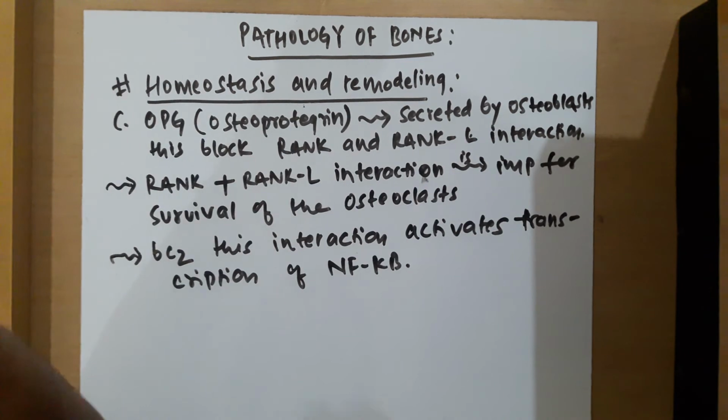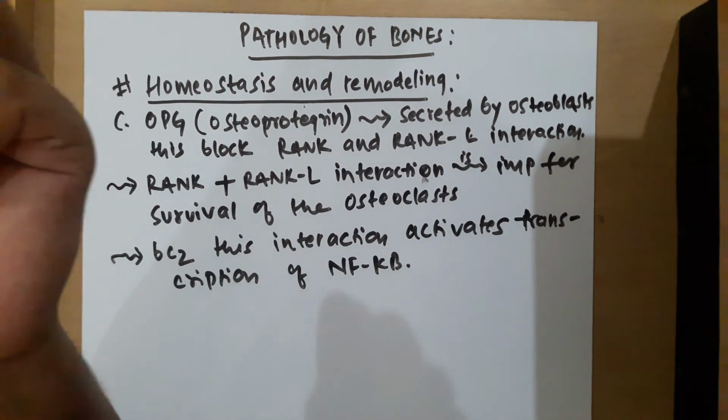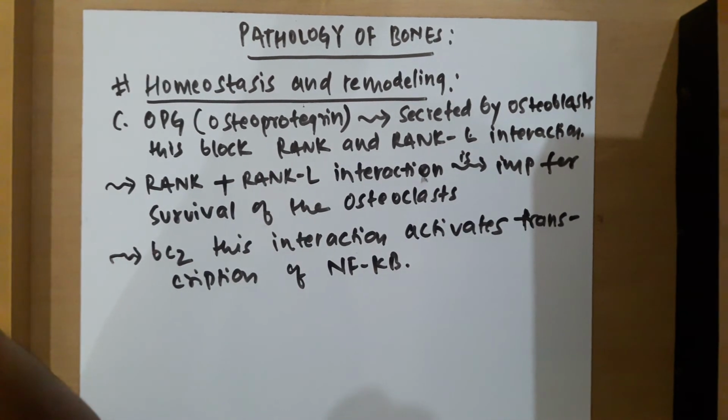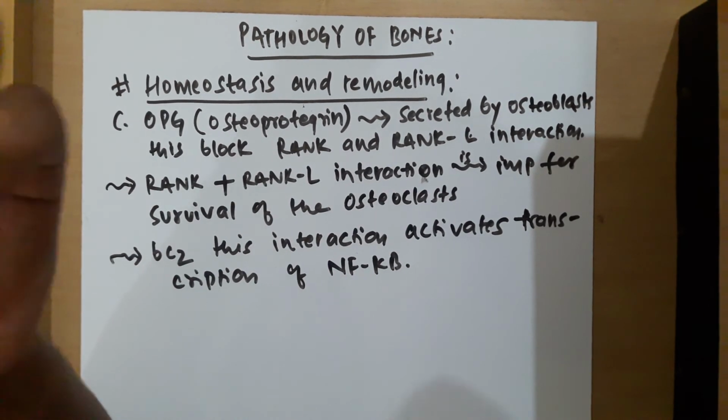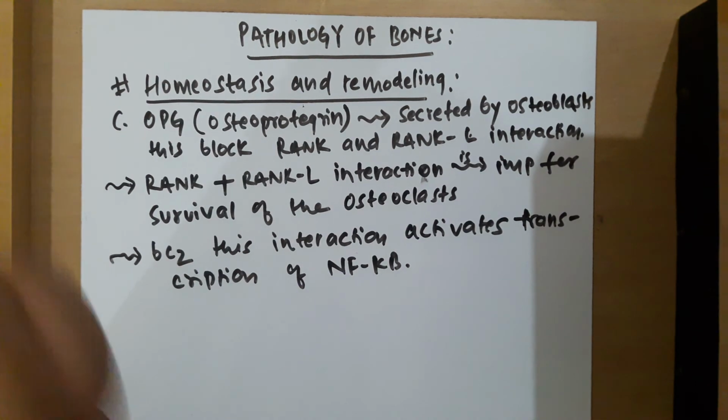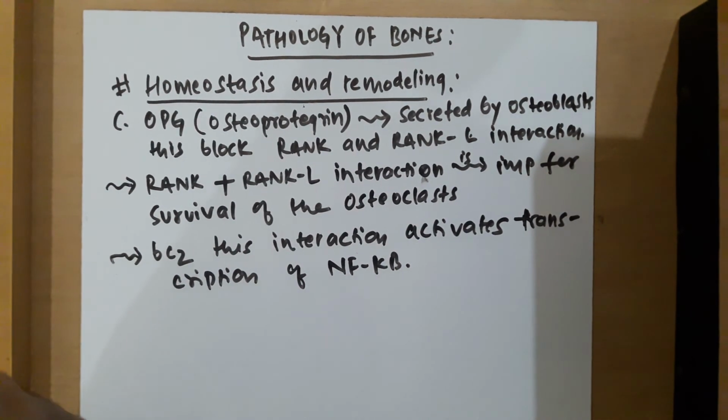And genetic defects in LRP5 receptors are linked with diseases like osteopenia and osteoporosis. So we'll discuss these factors while discussing osteoporosis and osteopenia.